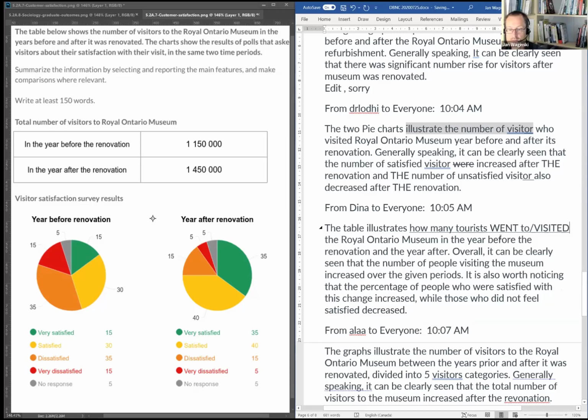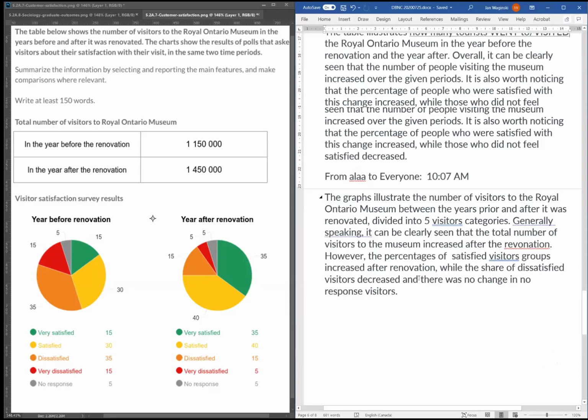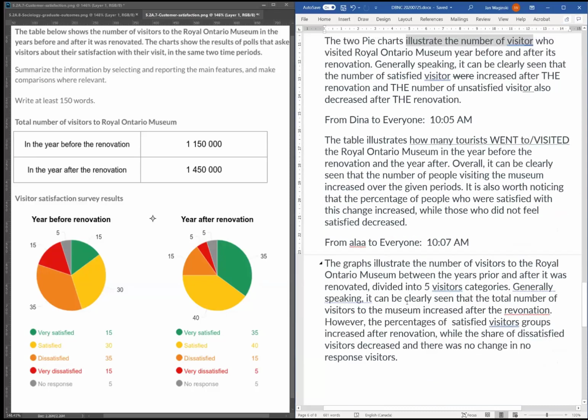Did you read this out loud? No. Okay, you've got to read out loud. Your ears should help you catch stuff like this. Okay, let's see here. Otherwise, the rest, yeah, it's great. The graphs illustrate the number of it.